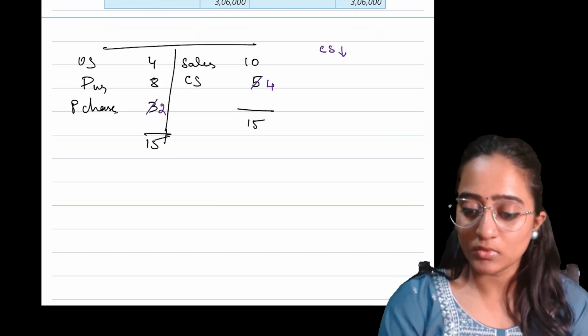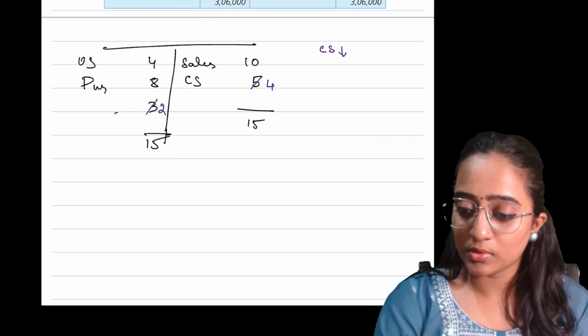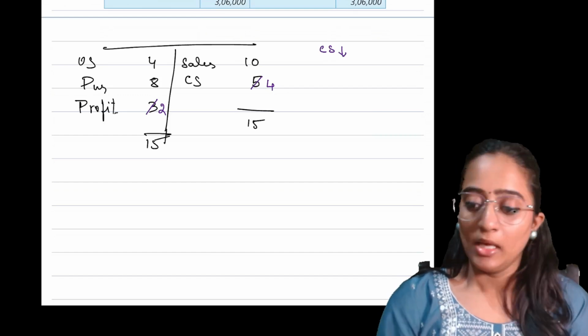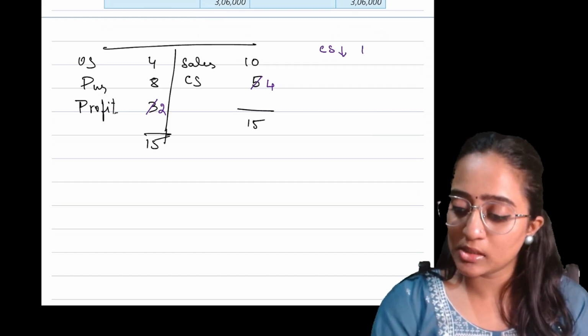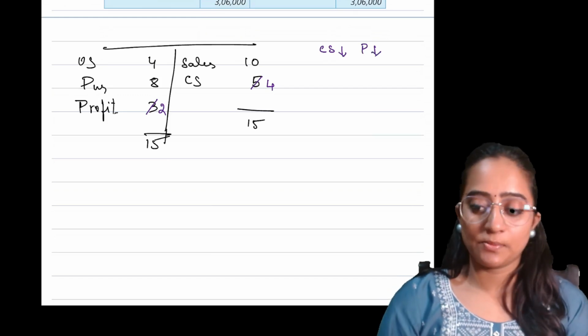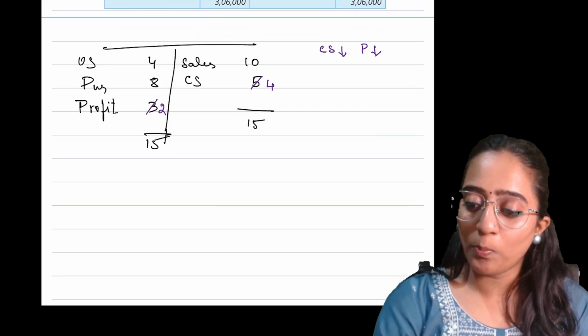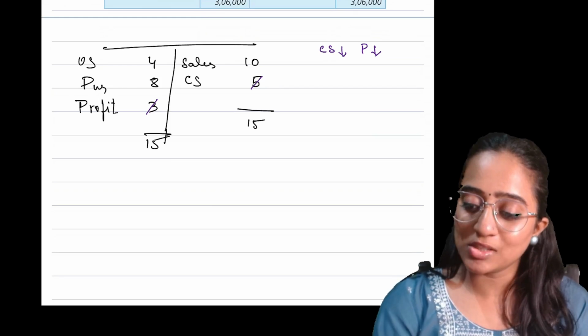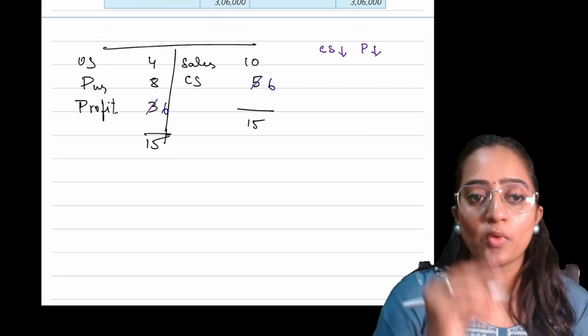So can I say if your closing stock decreases, your profit also decreases? And if your closing stock increases, automatically your profit also increases.